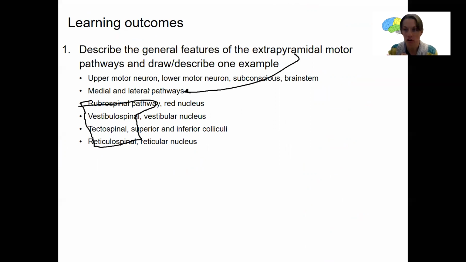The general features of them, right? So that would be upper motor neuron, their subconscious, originate in the brainstem. That upper motor neuron is in the brainstem instead of the primary motor cortex. And draw or describe one example. So choose one of these to know is basically what I'm saying, to fit in with how you understand upper and lower motor neuron.